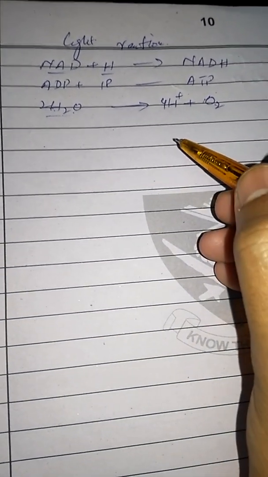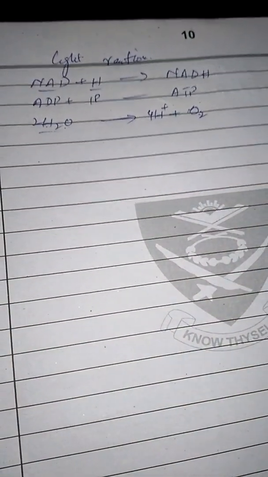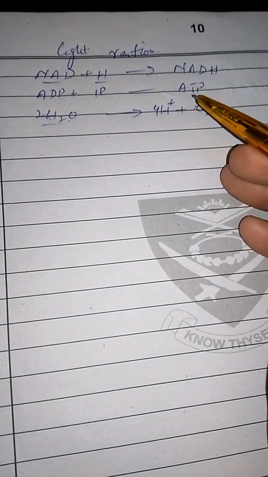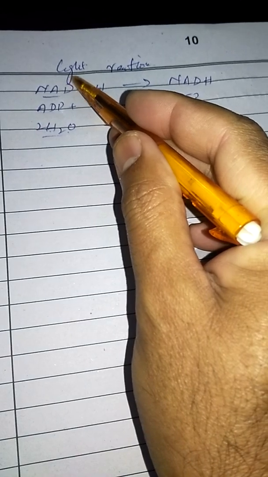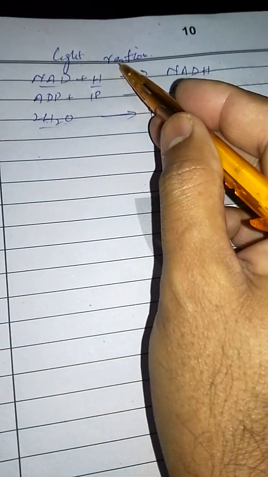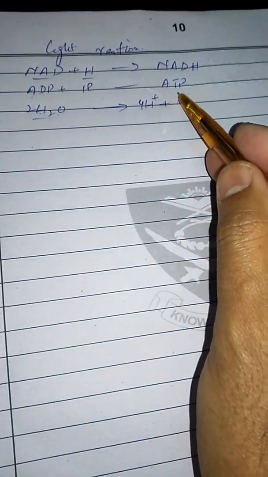Good morning, dear students. In your previous lesson, in which we were studying the light reactions, if you remember, students, the NADP is reduced to NADPH. Similarly, ADP gains a phosphate group and makes ATP.